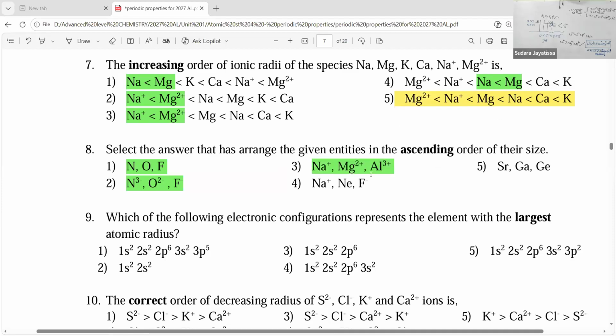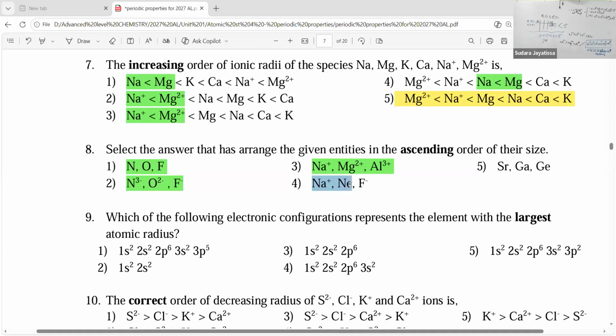Aluminium 3 plus is the smallest. Sodium plus, neon, and F minus. Sodium plus is larger than neon, so it is also wrong.